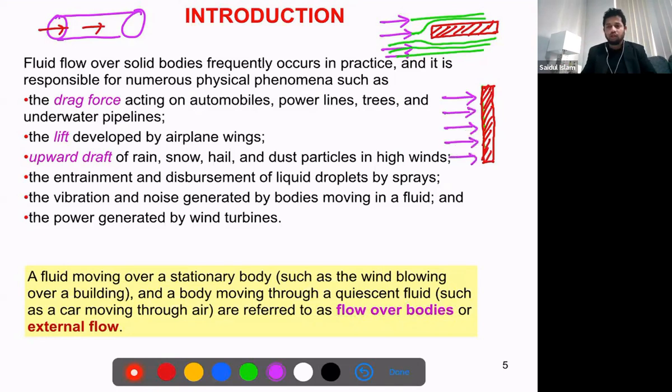Okay, in other words, we can say this is a blunt body. In a general sense, we can say the other is a streamlined body. Blunt body means some objects actually block the airflow. So when the fluid hits this, it is different; the fluid is streamlined.